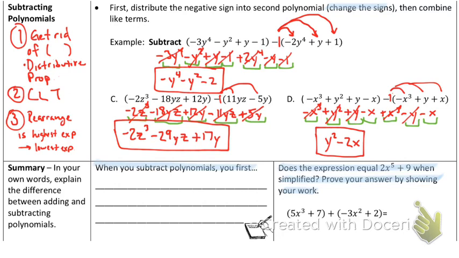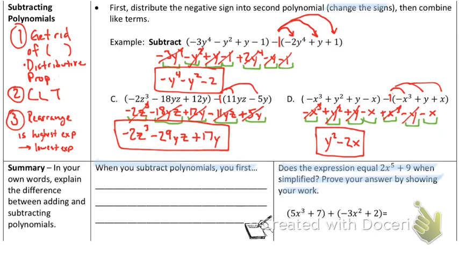So if you want to pause the video to see if you get the correct answer for this guy here, go ahead and do that now. I'm going to answer this question for you now. So in this example, this is what you should have done. We get rid of the parentheses.